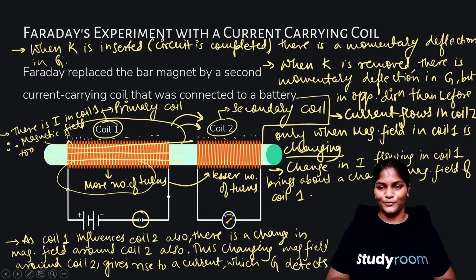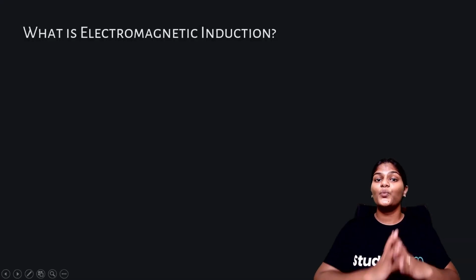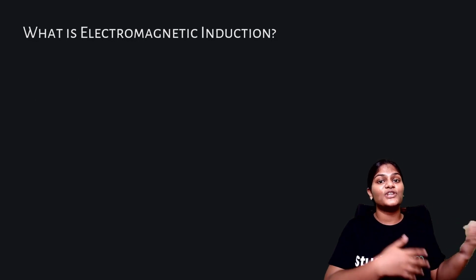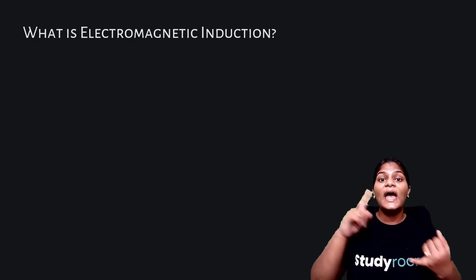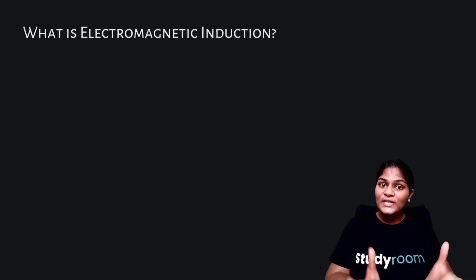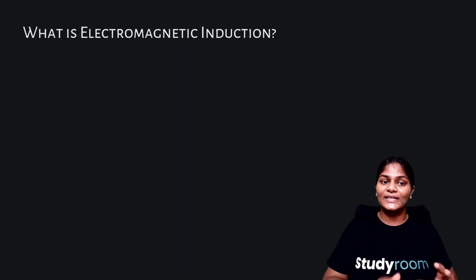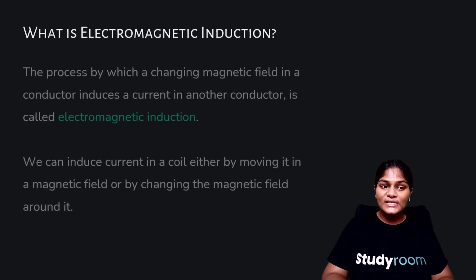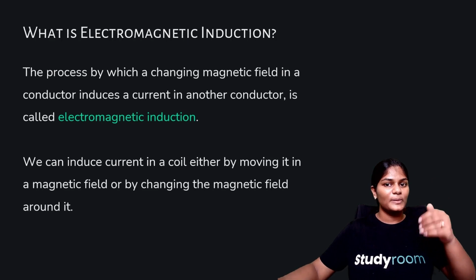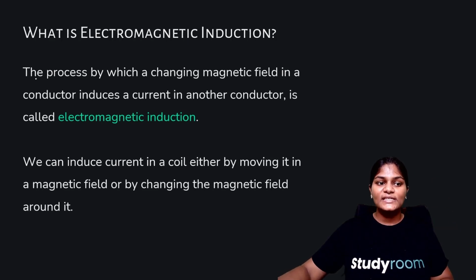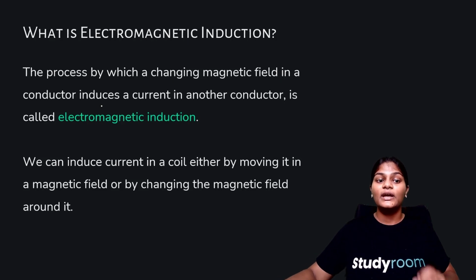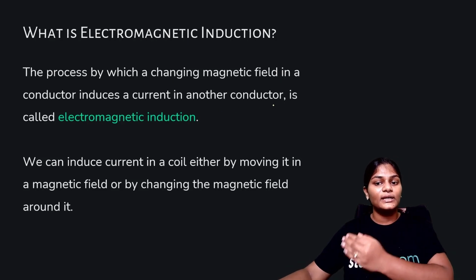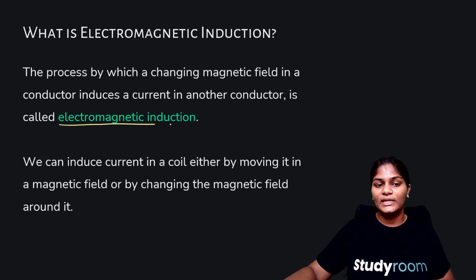Okay, let's move on. So what is electromagnetic induction? What we just studied with the bar magnet and the coil and two coils is what it finally comes to. Let's read in your PPT and then I'll explain. It says the process by which a changing magnetic field in a conductor induces a current in another conductor is called electromagnetic induction.